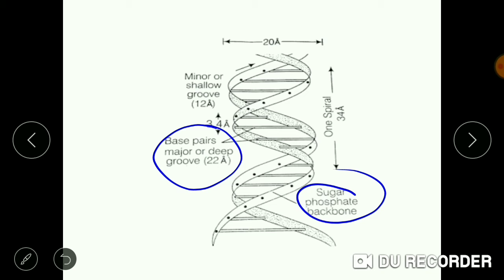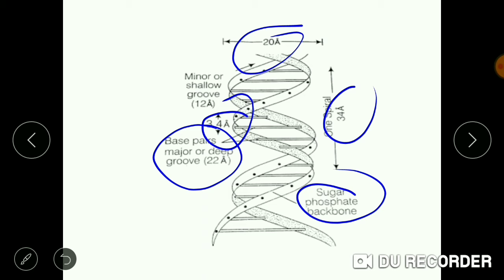Each turn of the helix measures 34 angstrom and consists of around 10 base pairs. The diameter of the helix is 20 angstrom and the distance between the base pairs is 3.4 angstrom.